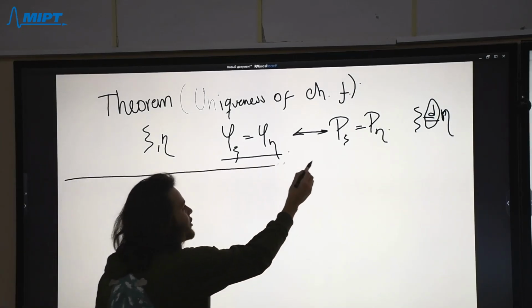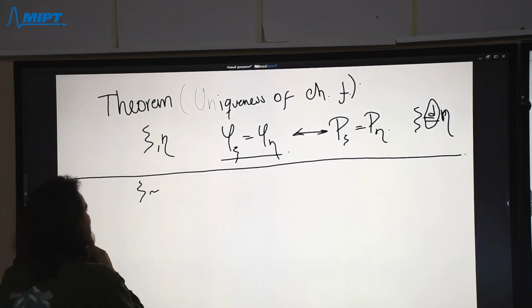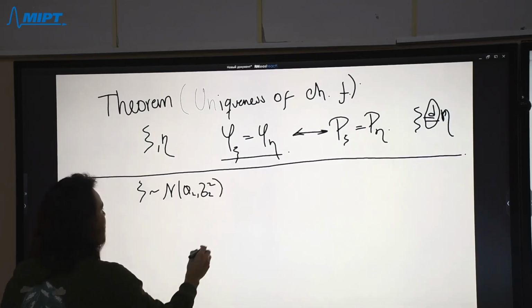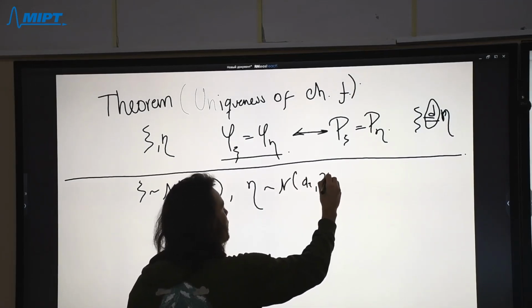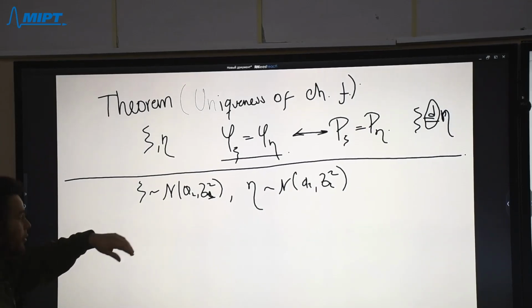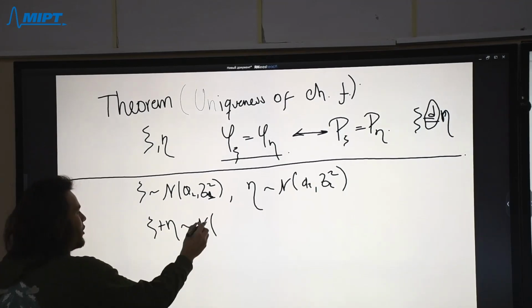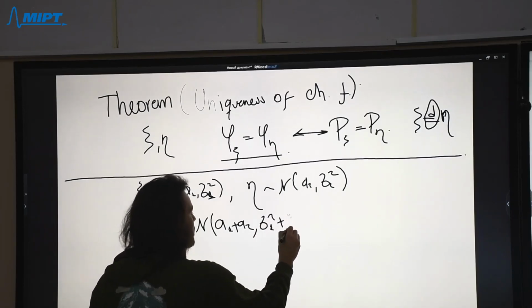And that is why, for example, if we know that Psi has a normal distribution with some parameters, and eta also has a normal distribution with some parameters, then we already proved before that Psi plus eta has a normal distribution with the following parameters: a1 plus a2, and sigma 1 squared plus sigma 2 squared, right?